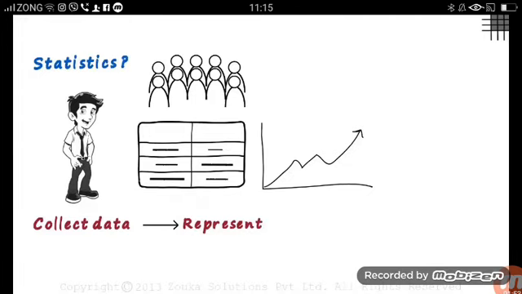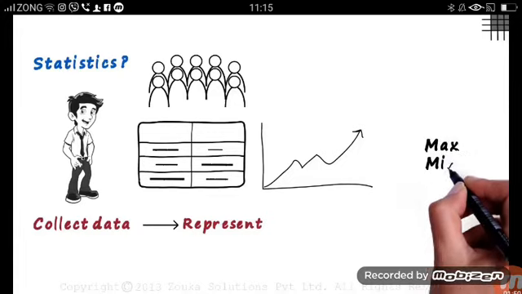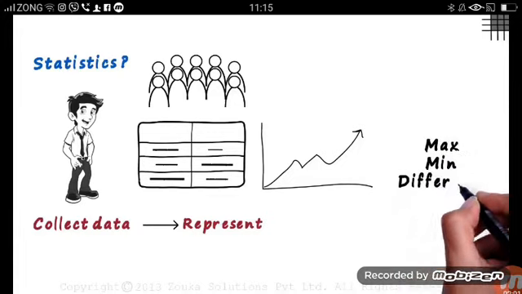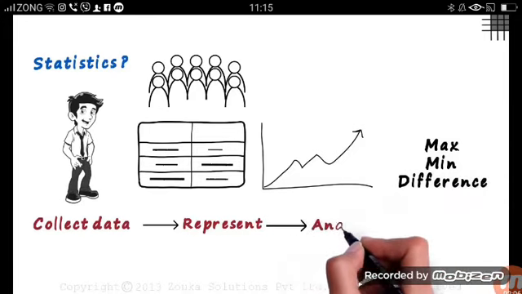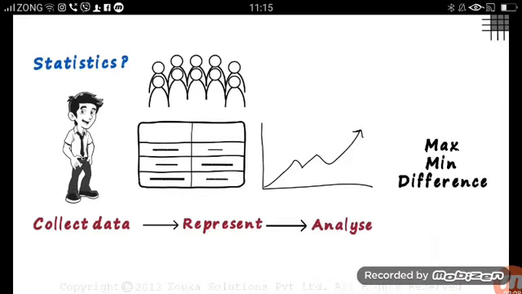He did it so that he could analyze the data better. He may have found out many things like the maximum value or the minimum value or the difference and so on. It means he's going to analyze the data that he has organized. And in the end, he will interpret the data that he has organized and analyzed.